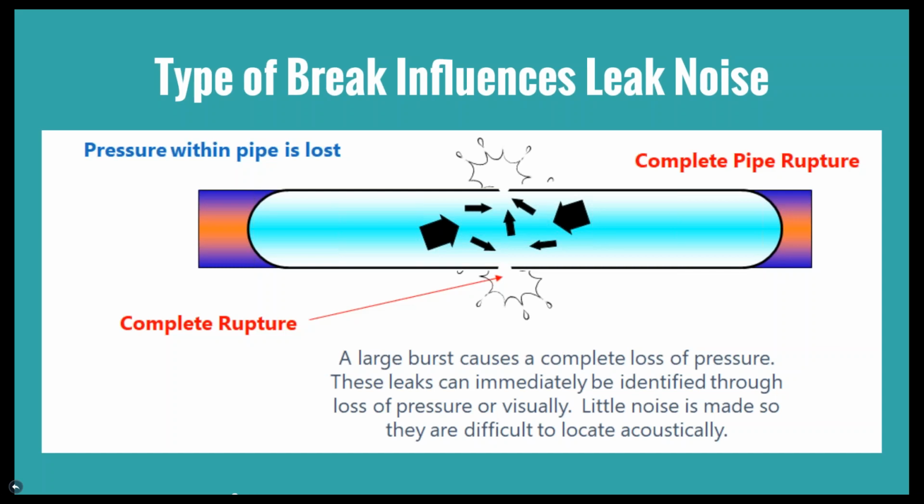Even in my neighborhood where I live, we have pressures exceeding 120 psi. If you can avoid high pressures, even though that pipe's rated for 150 a lot of times, the closer you can keep it to 50, 60 psi, the better the life of that pipe. But what happens with large failures or large leaks is that the noise isn't as high, the frequency of that noise isn't as high, and it can sometimes be difficult to hear depending on the sensitivity of your hydrophones.